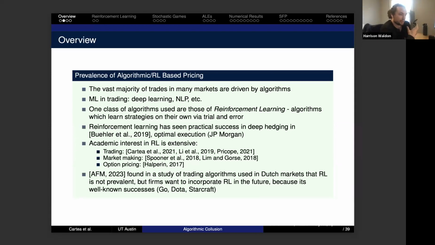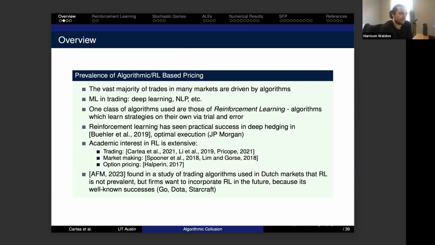One particular class of algorithms which has seen increased attention is reinforcement learning, or algorithms that learn trading strategies on their own via trial and error. RL has seen practical success in deep hedging, as in the paper of Hans Buehler and co-authors, as well as in optimal execution. In academia, RL has been applied to all corners of the algorithmic trading literature, including trading, market making, and option pricing.